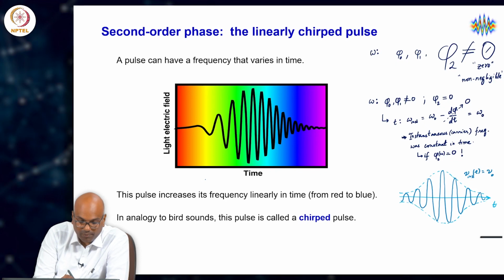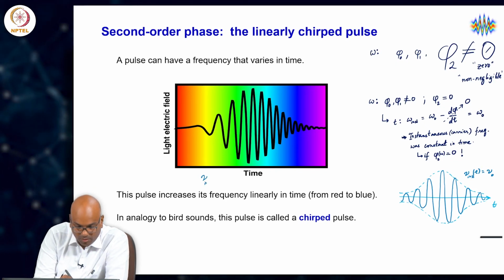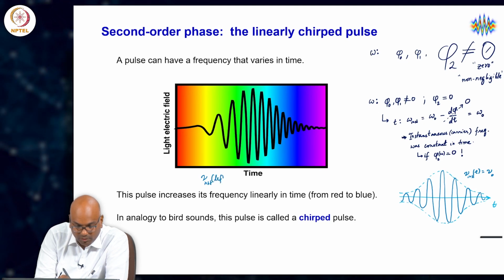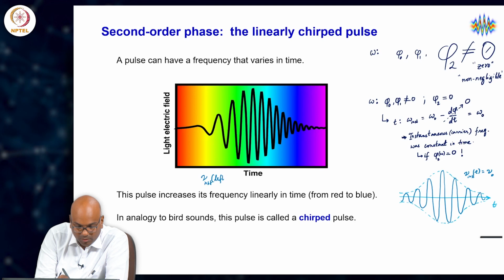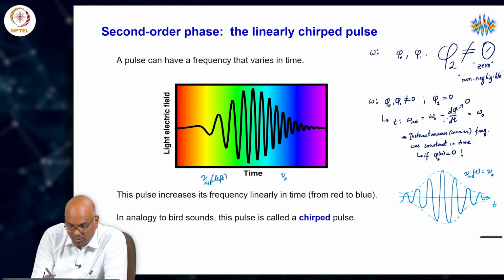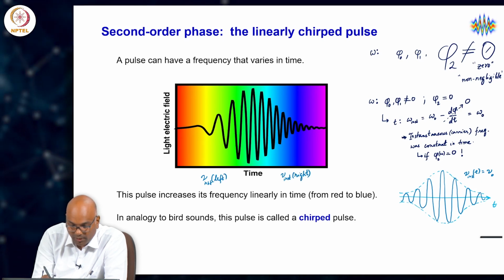Whereas here you see nu instantaneous on the left to nu instantaneous on the right of this scale.